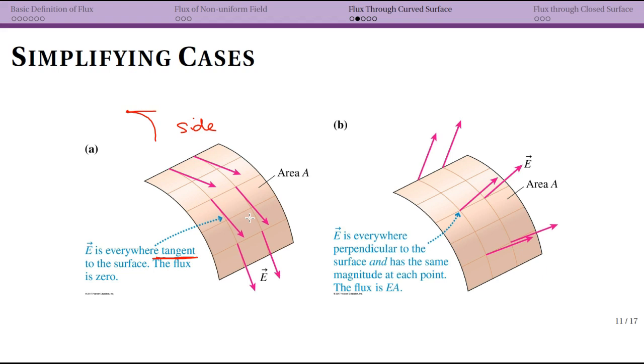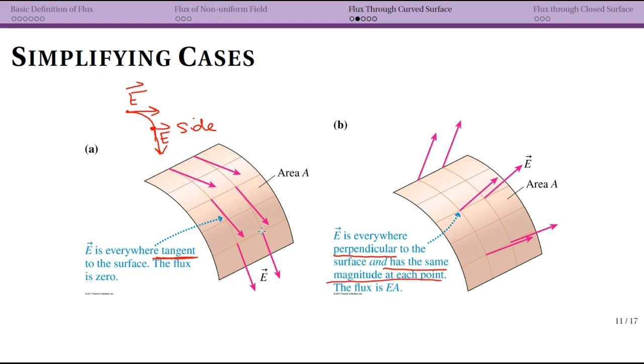At a given point, your electric field is there. At a different point, your electric field is there. You know how tangent works. It's just a little hard to see here. On the other hand, we could have the electric field being perpendicular to the surface. And in this case, we want it to have the same magnitude at each point.